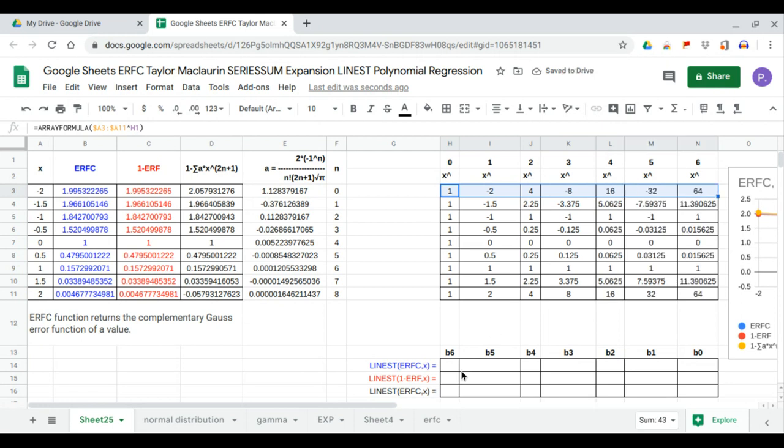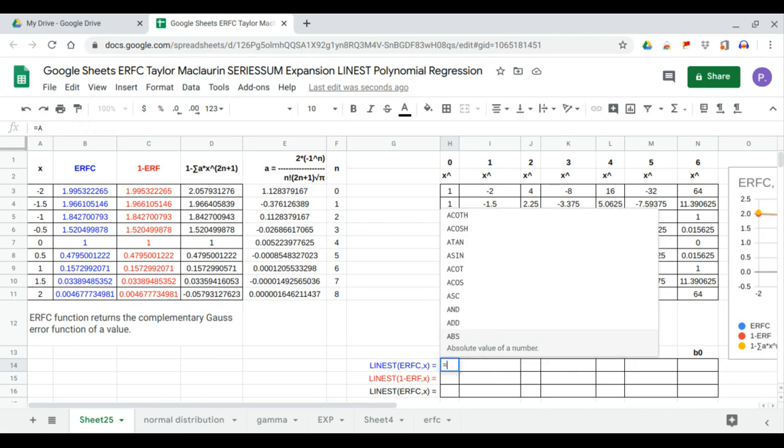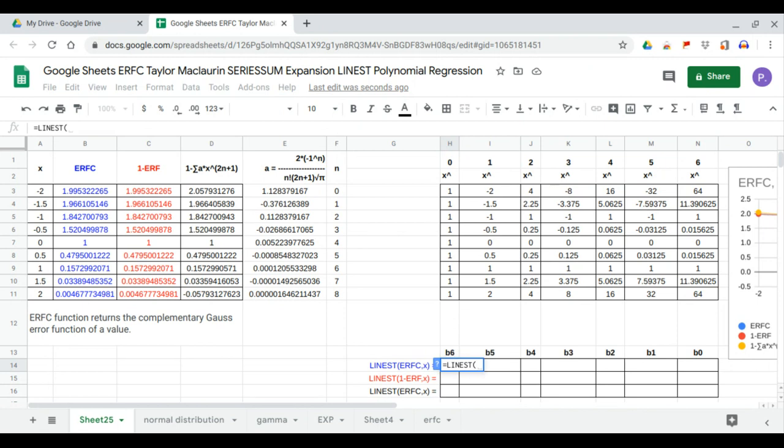Now that we have the 1 comma x matrix, we can use the LINEST array formula. This is LINEST of the ERFC column, data y and data x.